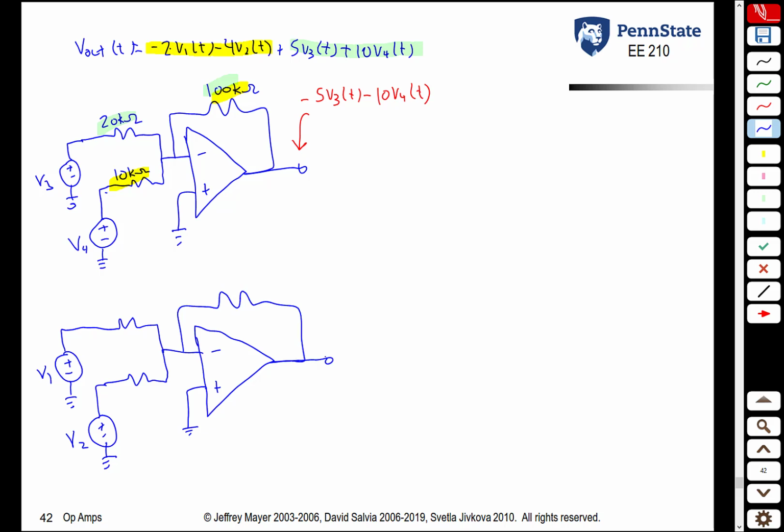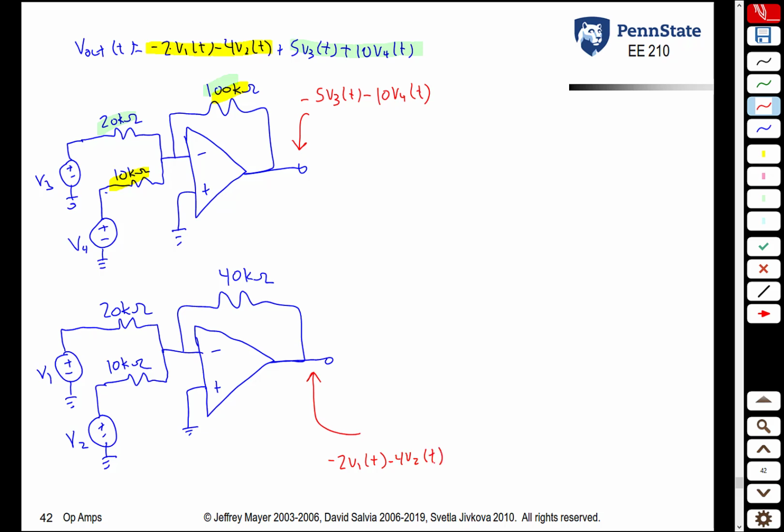We want V1 to have a gain of -2. So this feedback resistor here has to be twice as big as this resistor there. So 40/20 will work. And we want V2 to have a gain of -4, which means that this resistor here should be 10 kiloohms. So that gives us a signal at this point of what? It is -2 times V1 of t minus 4 times V2 of t.